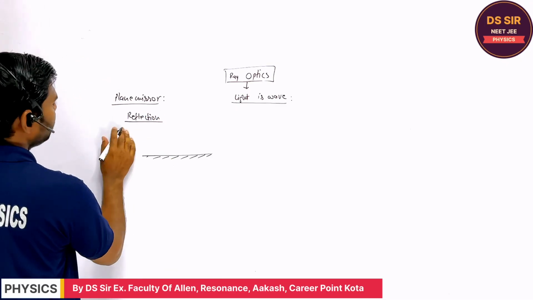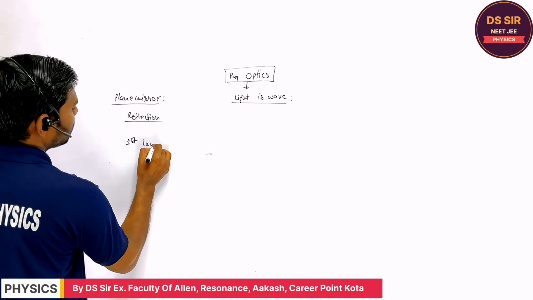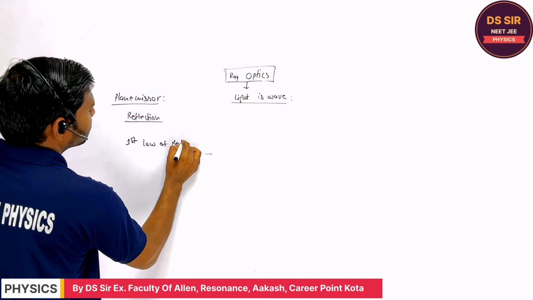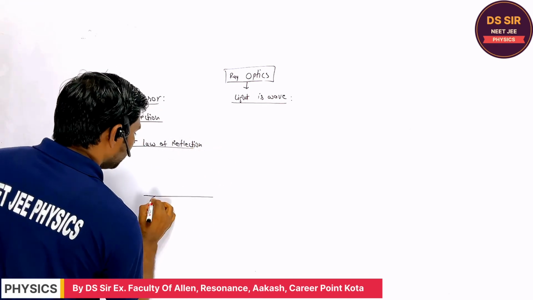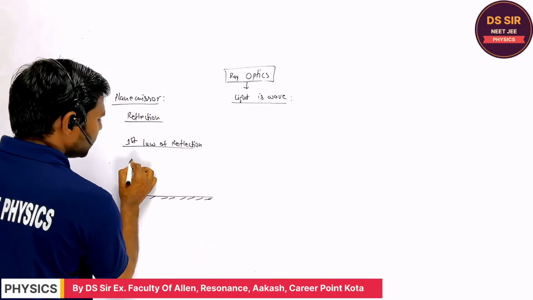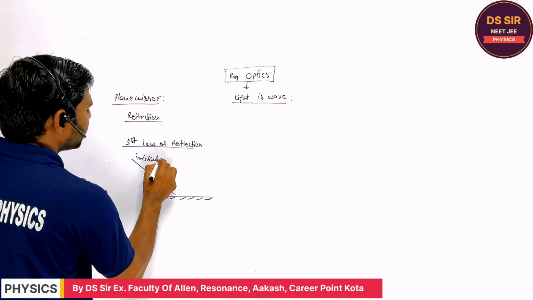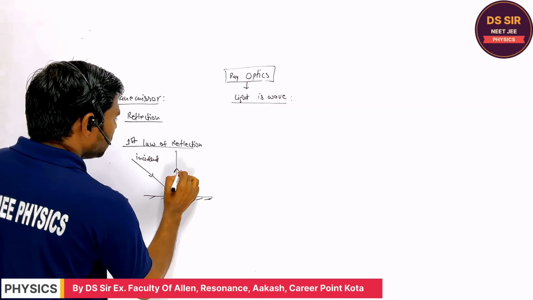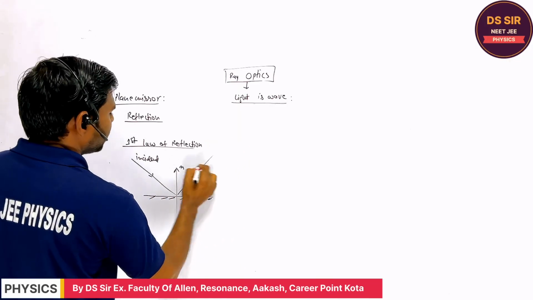Light rays incident, you may write the first law of reflection. What is the first law of reflection? If this is the mirror, or the incident surface, this is the incident ray, and this is the normal to the plane mirror, right? And this is the reflected ray.